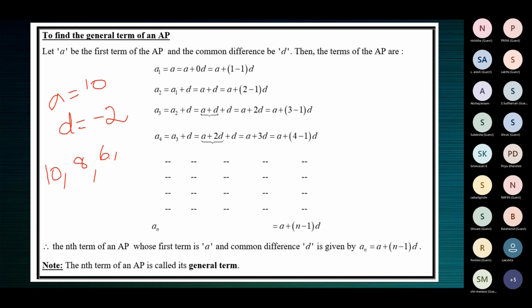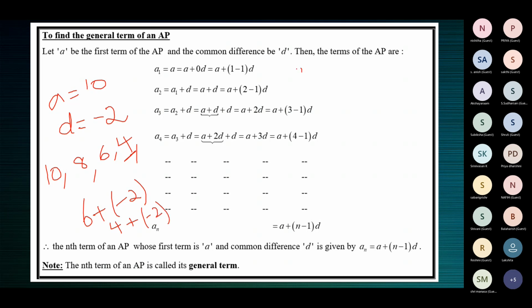The third term is 6, 6 plus the common difference of minus 2. So this is 6 minus 2, which is 4. And so on. The fifth term will be the fourth term, 4, plus the common difference of minus 2.